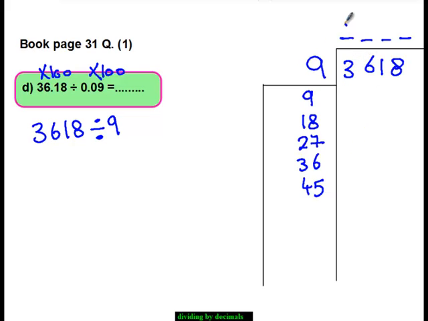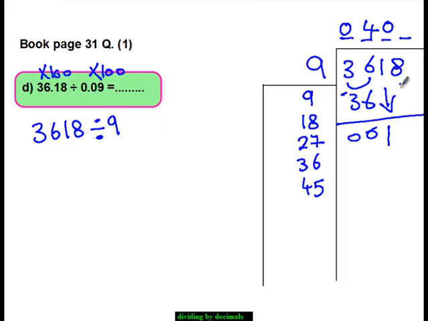Let's start. 3 divided by 9, 0. It can't be. 36 divided by 9, 4. 4 by 9, 36. Okay, 0 0. I'm gonna drop down the 1. 1 divided by 9, it can't be, so I'm gonna put 0, and 18 here. 18 divided by 9, 2. So the number will be 402.